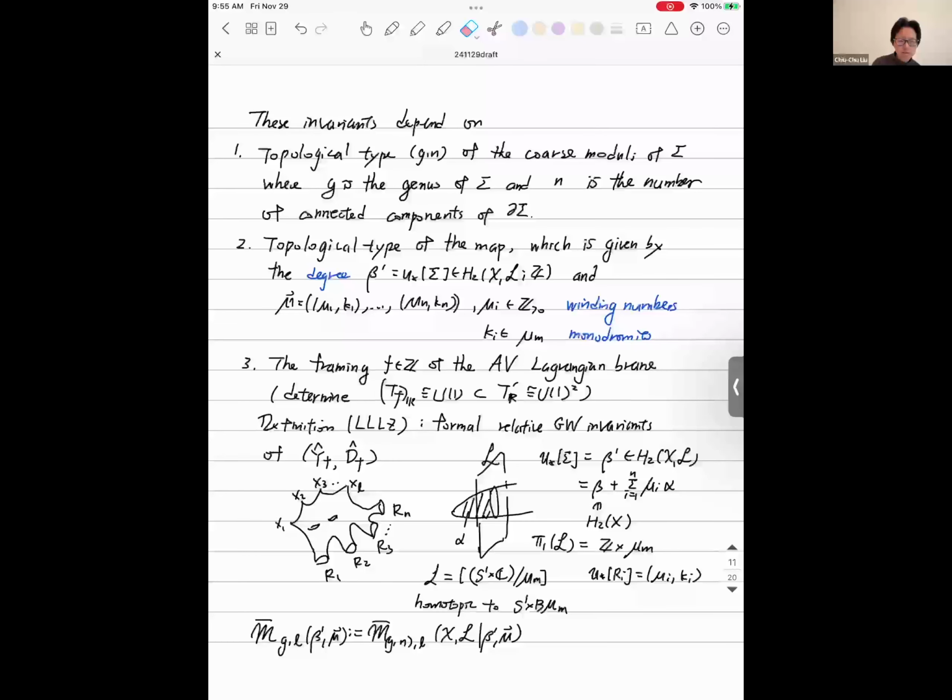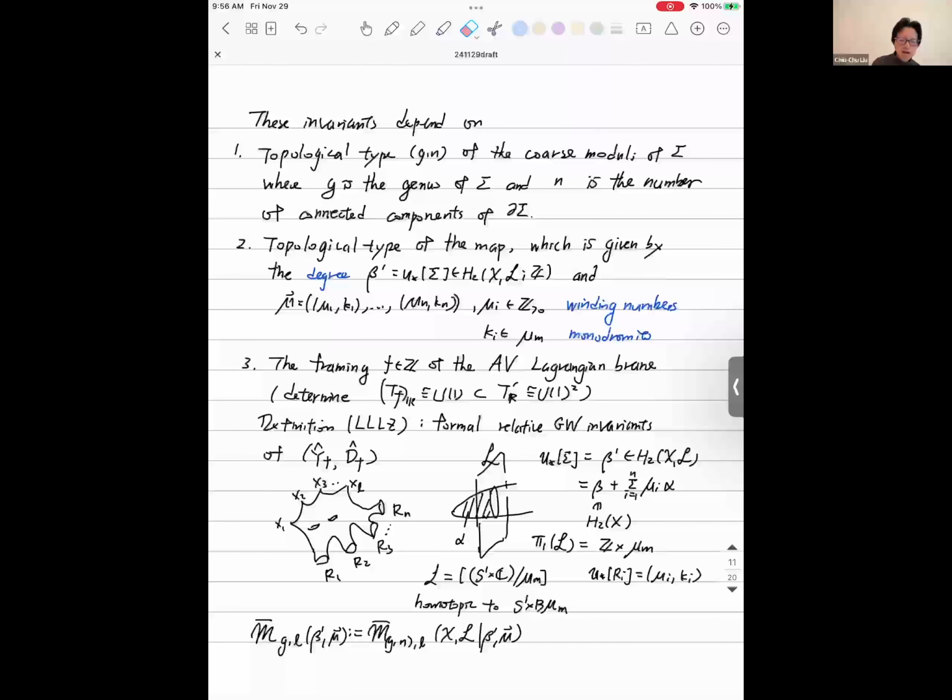Suppose that our Lagrangian L is just a manifold, a circle times R2, and let's say its pi1 is just Z. Then if you restrict the map u to the circle Rj, it represents an element in pi1 of L. When it is smooth, it's just an integer, called the winding number.